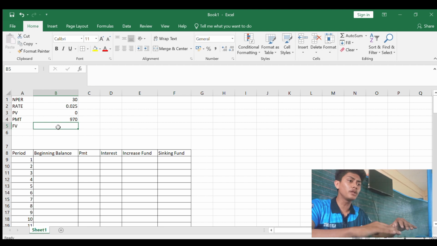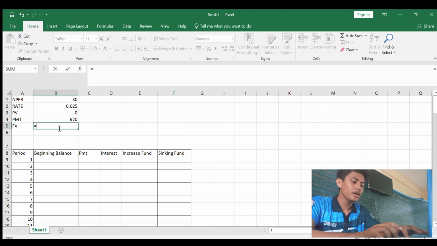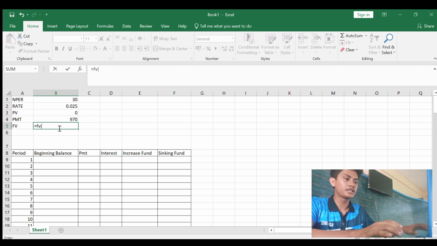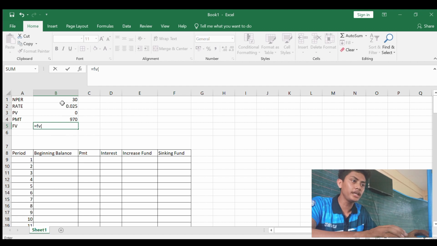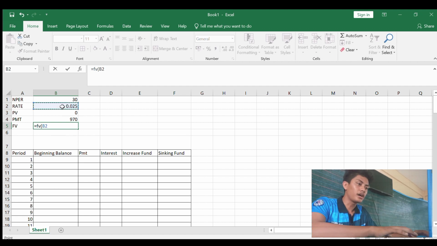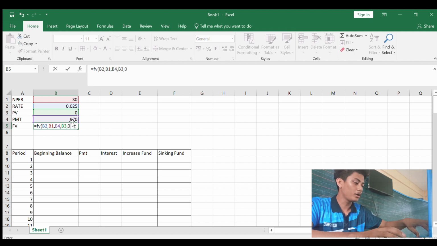So how to solve the future value? You can just click equals FV, open parentheses, and at the bottom of it, you can just follow the formula or the instruction here. So first is the rate. You can click rate, comma, Nper, comma, PMT, comma, PV, comma, and type 0, then close parentheses, then enter.